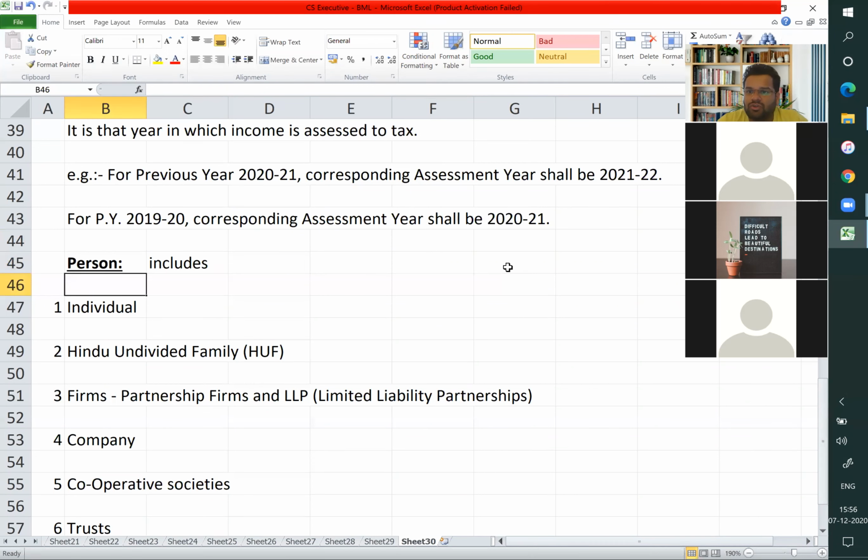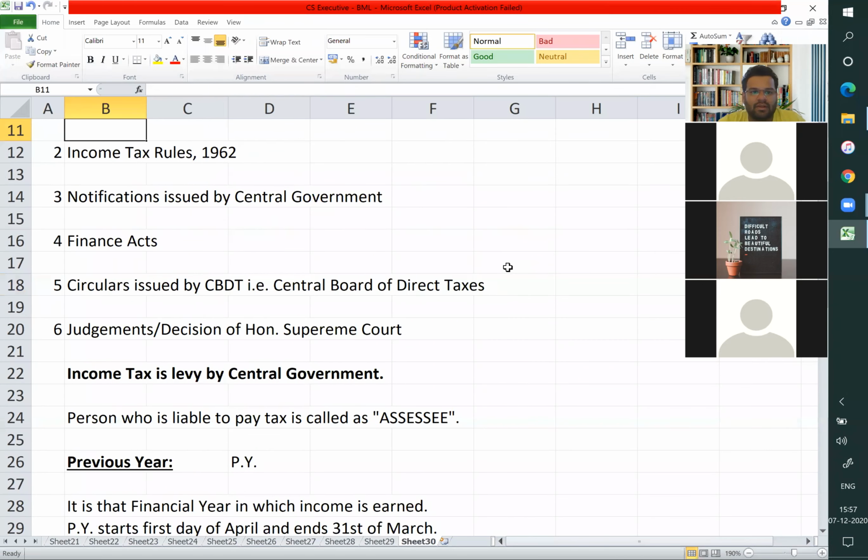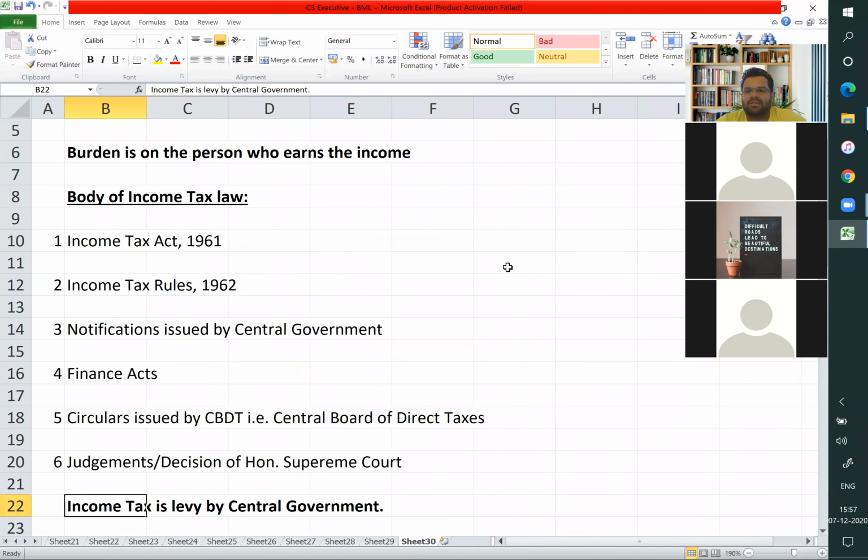Perfect. You have also understood the body of income tax law. You have understood the fact that income tax is charged and levied by the central government; it is the revenue of the central government, that is, the Union of India. So far so good? Understand now.